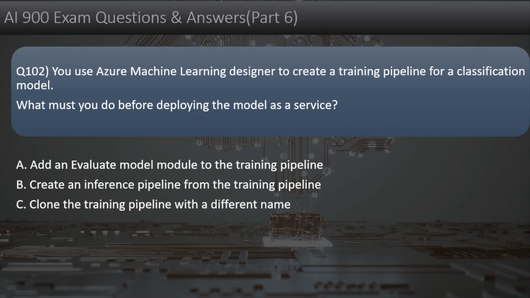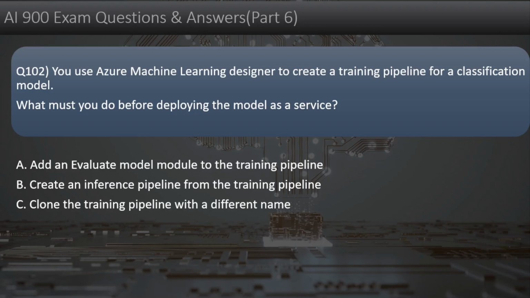You use Azure Machine Learning Designer to create a training pipeline for a classification model. What must you do before deploying the model as a service? Option A, add an evaluate model module to the training pipeline.